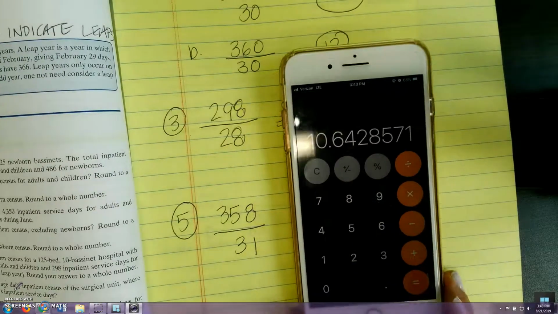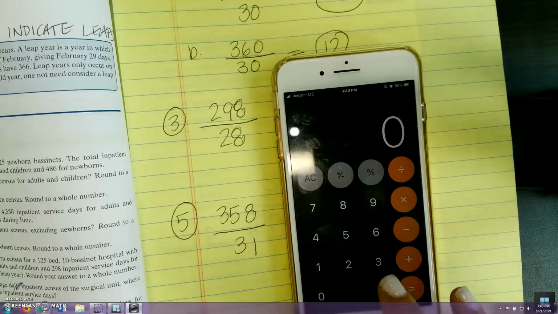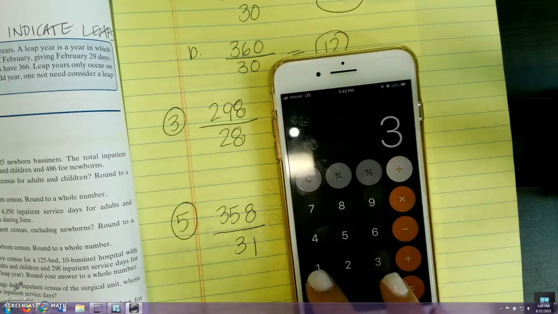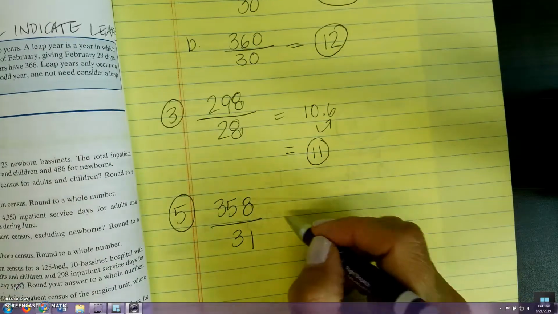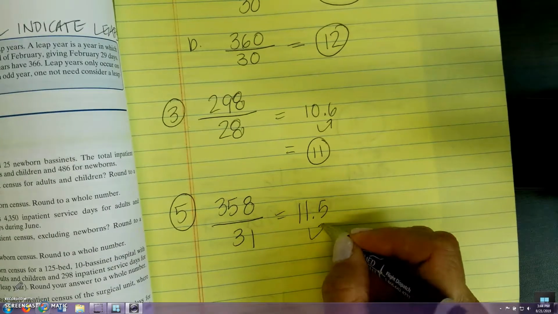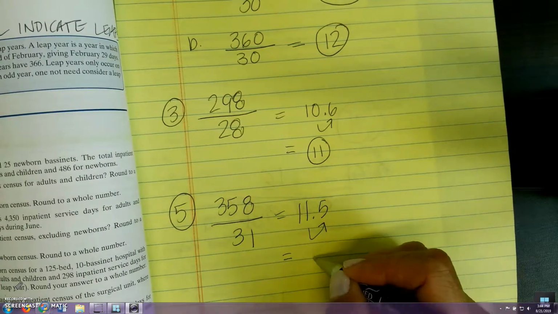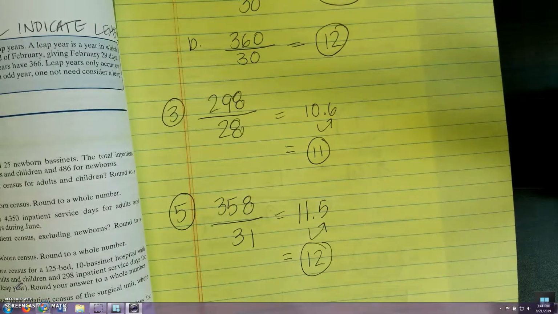So 358 divided by 31, and we're going to get 11.5. It asks us to show our final answer as a whole number, so we look at the next digit. It's 5 or above, so our final answer is 12.